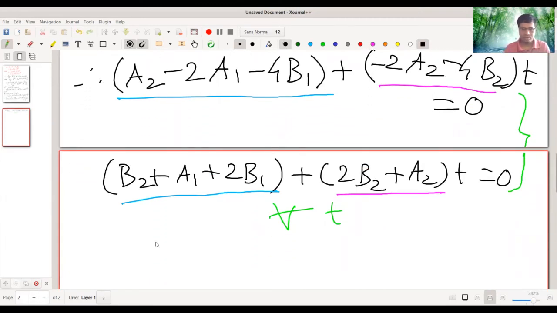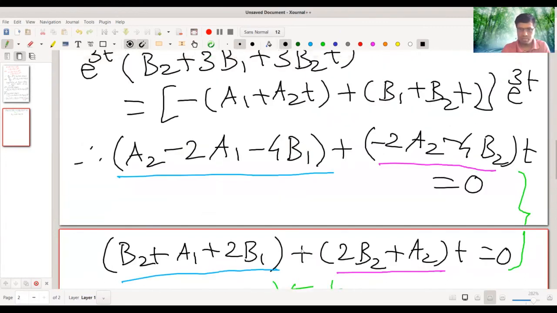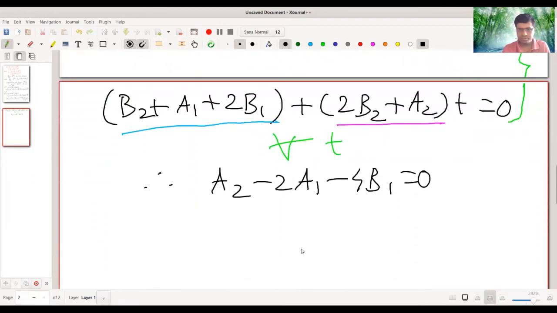Therefore, a2 minus 2a1 minus 4b1 equal to 0. The second equation is minus 2a2 minus 4b2 is 0. Simply we can write a2 plus 2b2 is 0.